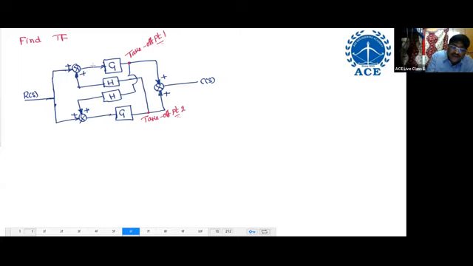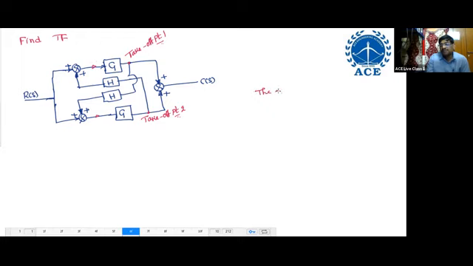For example, here you are considering x1, and here also the signal will be x1 only. So if I write the output here, what happened? X1G, here also X1G. The same signal passes through feedback.